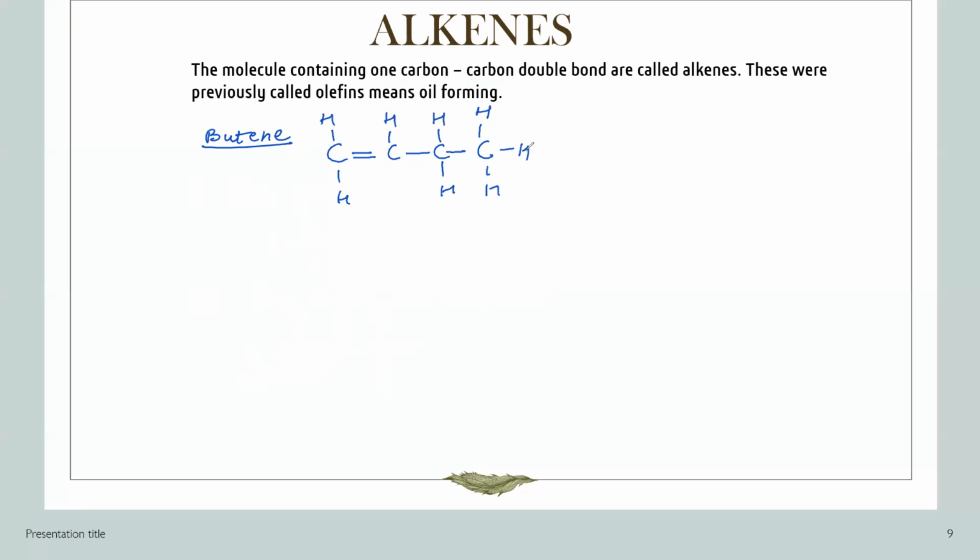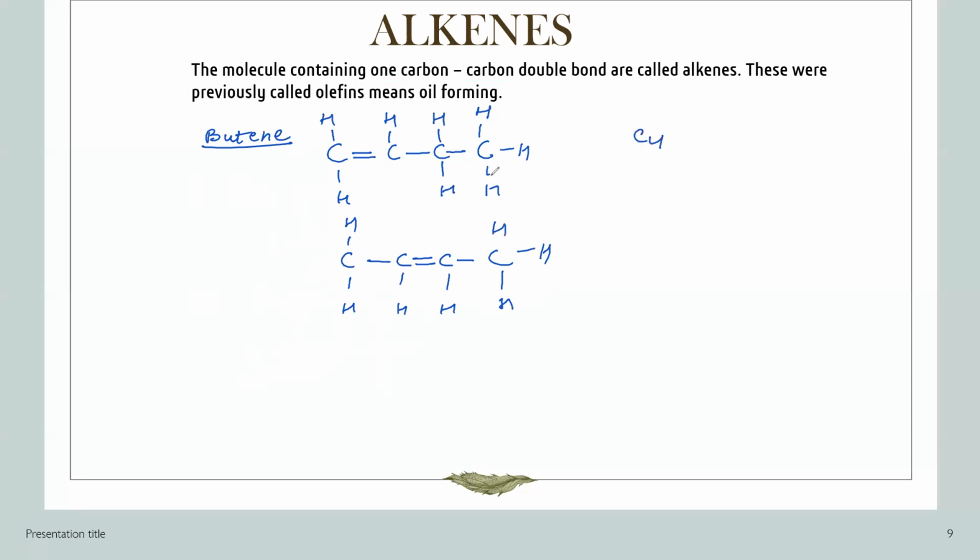But there is a problem. The problem is, what if I make it like this? I make a double bond here instead of on the first position. I make a double bond on the second position. Then also, after giving the necessary hydrogens, what is the formula? The formula is C4.